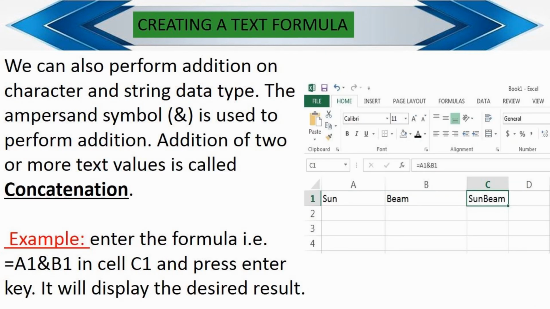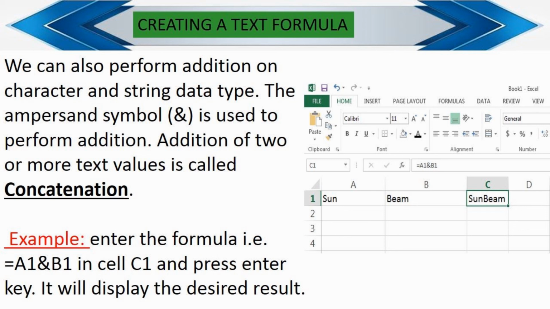Creating a text formula. We can also perform addition on character and string data types, meaning text values. The ampersand symbol is used to perform this addition. So the definition is: linking or joining of two or more text values together is called concatenation. Now for the example, just see the figure.